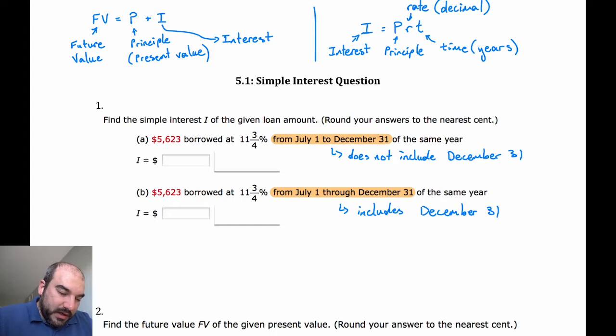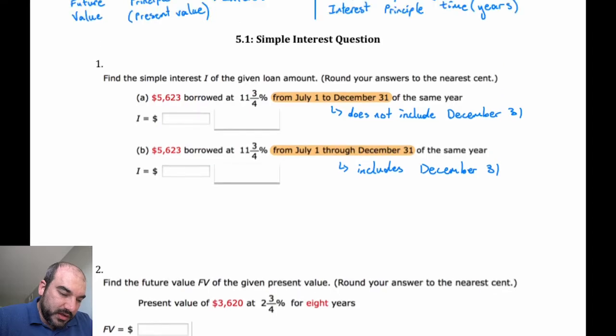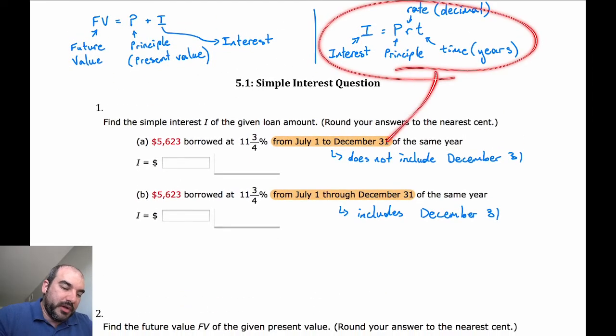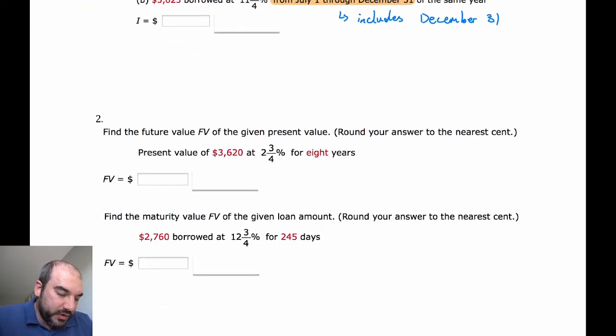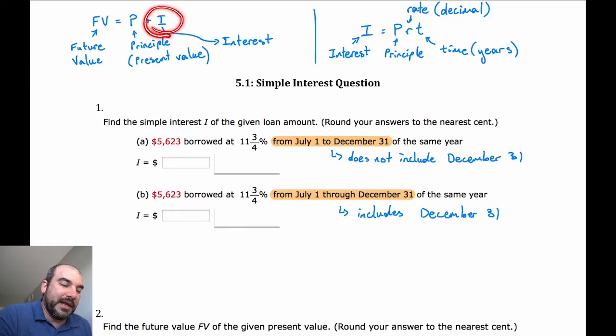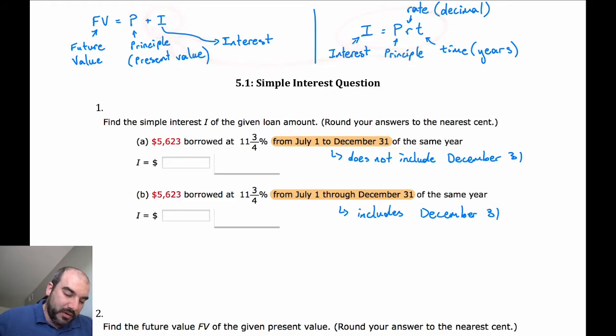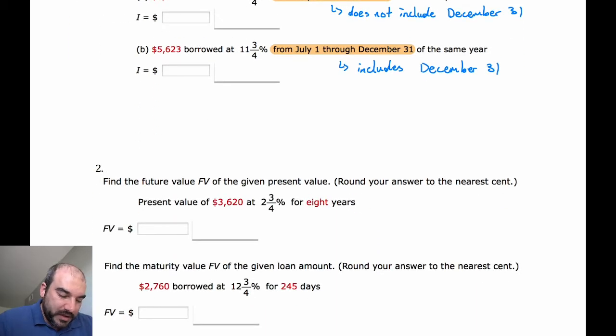So you guys will work through that example using the interest formula for the first problem, and then our future value formula for the second problem. Now the future value formula has an I in it, which means you're going to need to use this formula to figure out what the interest is before you plug it into the future value formula, because the question down here only tells you the present value, the percent, and the years.